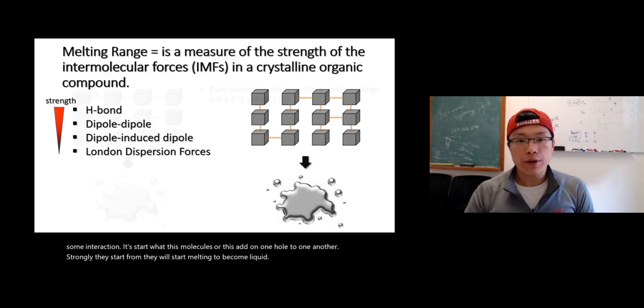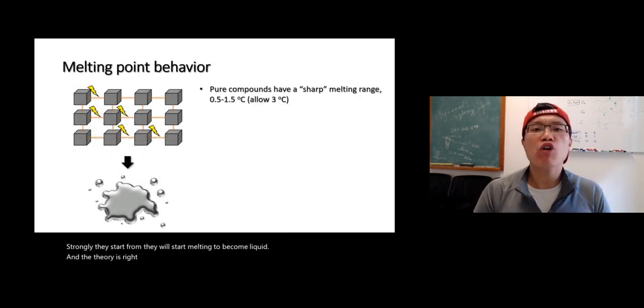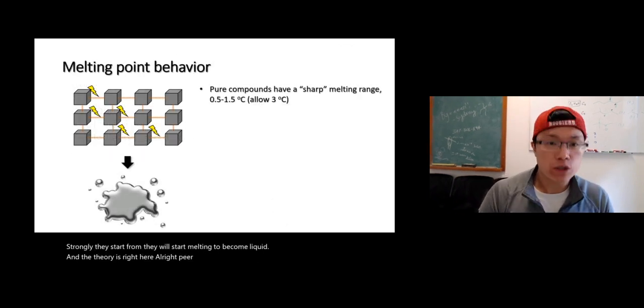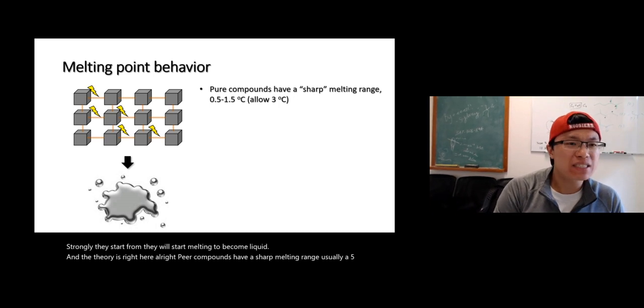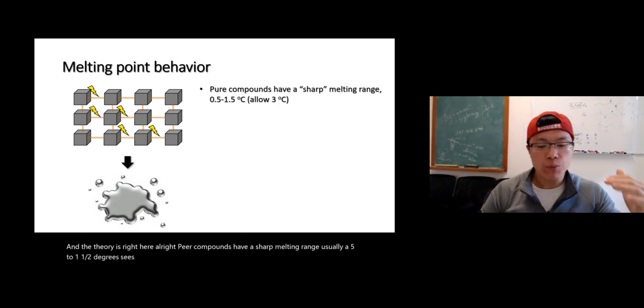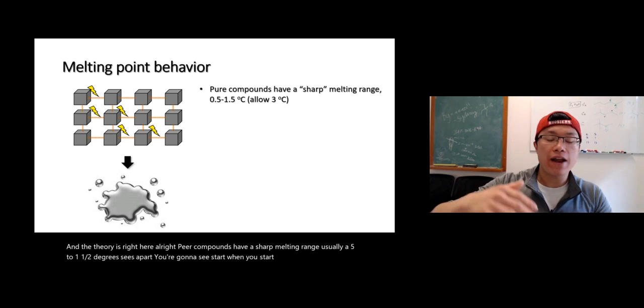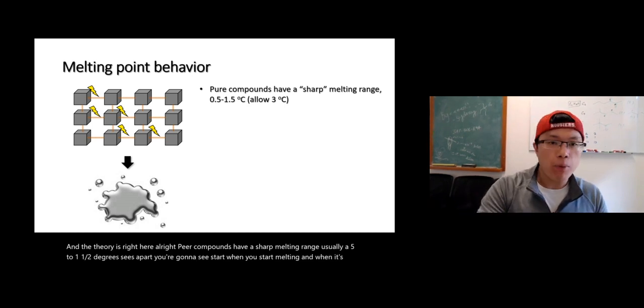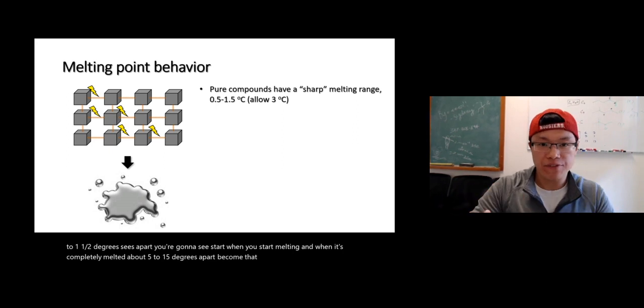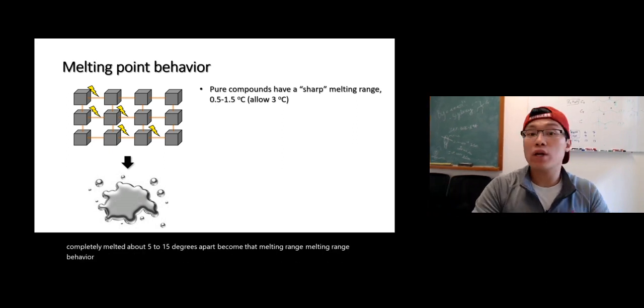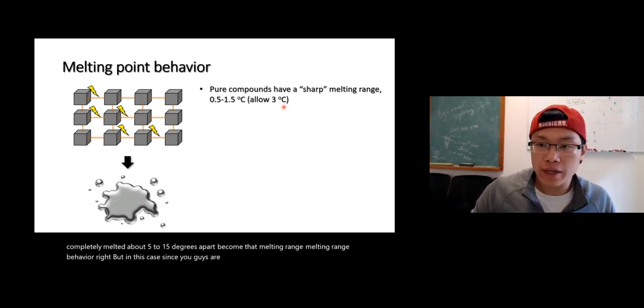The theory is right here. Pure compounds have a sharp melting range, usually 0.5 to 1.5 degrees C apart. You're gonna see when it starts melting and when it's completely melted, about 0.5 to 1.5 degrees apart. That's the melting range behavior. But in this case, since you guys are new, we allow you 3 degrees apart.